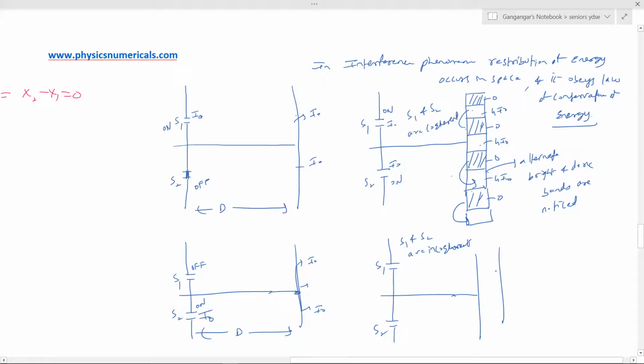If they are incoherent, everywhere the intensity will be 2 I naught. We don't see any alternate bright and dark bands. Just add up the intensity due to each, and at all points on the screen the intensity will be 2 I naught.